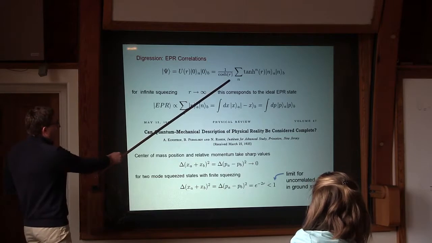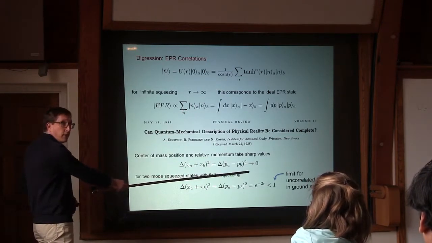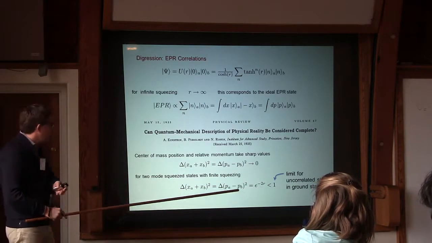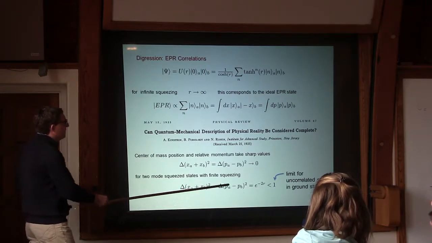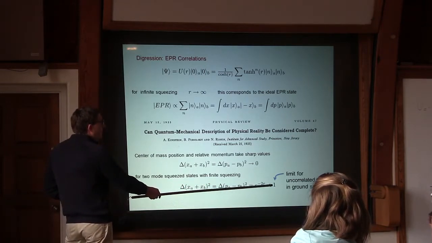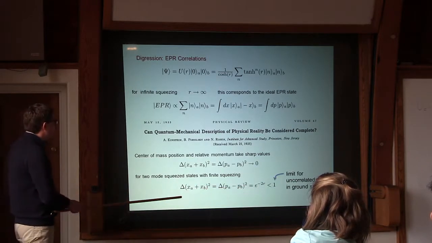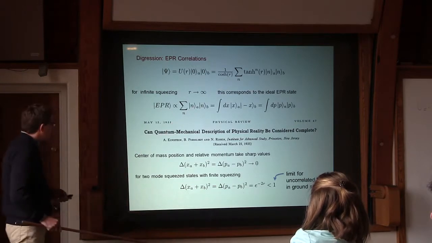For the real two-mode squeezed state, this squeezing here will not be perfect. So the values will not be really well defined, but they will have some finite variance, but still the variance is below 1, which is the limit for uncorrelated systems in the ground state. So the EPR variances are squeezed in such a state.